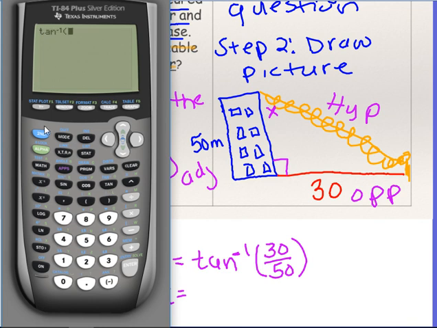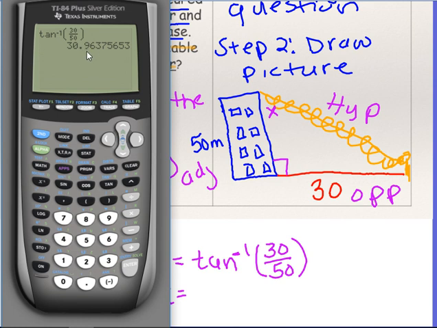So there's my tan inverse. I push second and tan. And then I'm going to push alpha, y equals, and enter, and put 30 over 50. Close it up, enter, and then your angle is going to be 30 point, well, we'll go ahead and round to the nearest tenth.